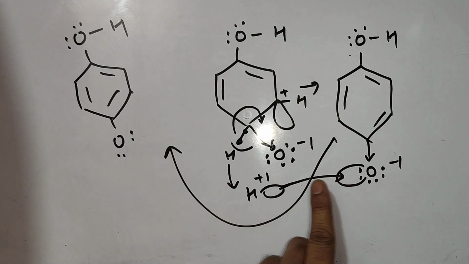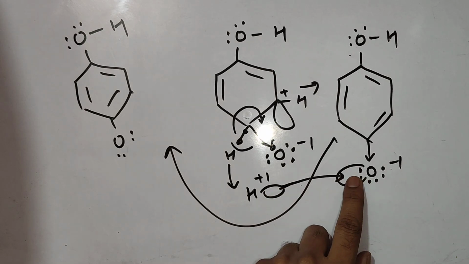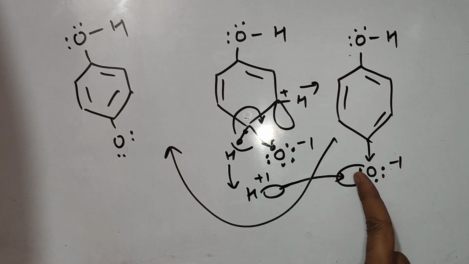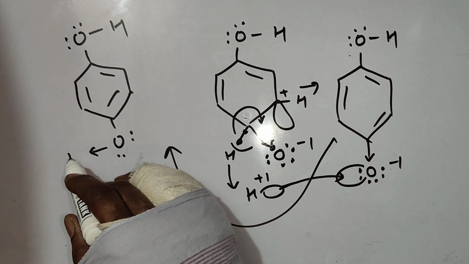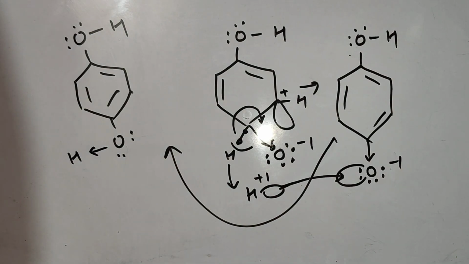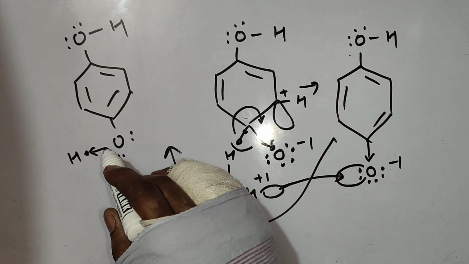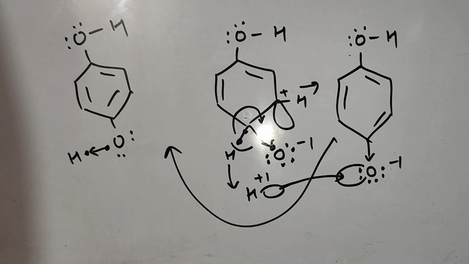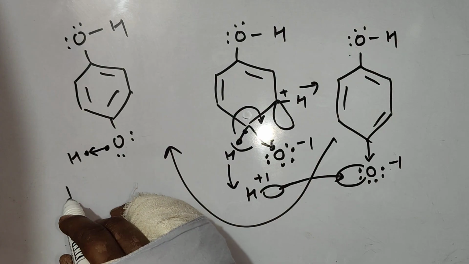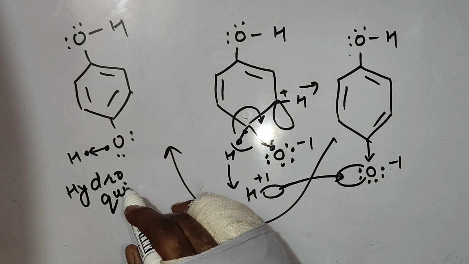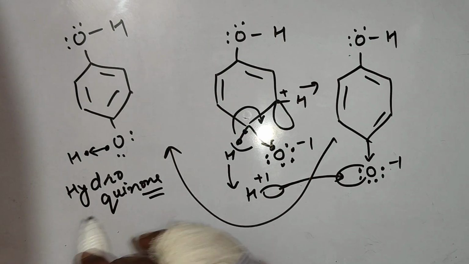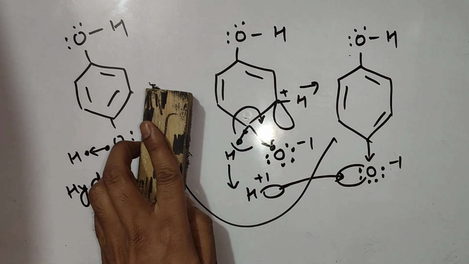And obviously, when H positive makes a bond with this oxygen, 1 electron out of 2 will completely transfer toward hydrogen. So the negative charge of oxygen will finish and the positive charge of hydrogen will finish like this. 1 electron completely toward hydrogen, 1 electron with oxygen. This compound which is generated over here is known as hydroquinone. Now check finally what will happen.